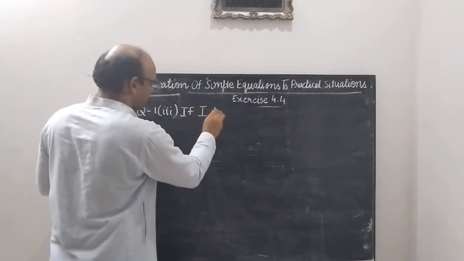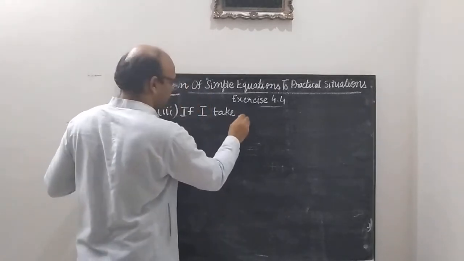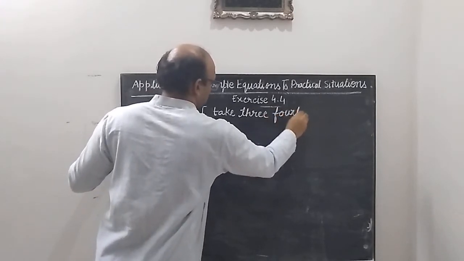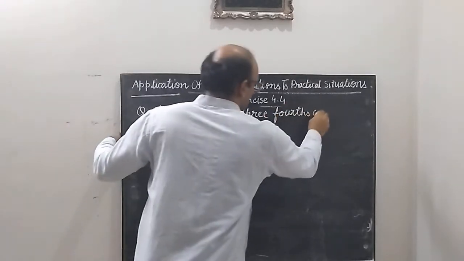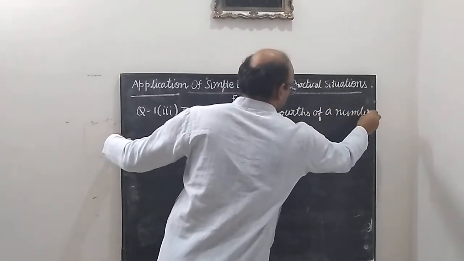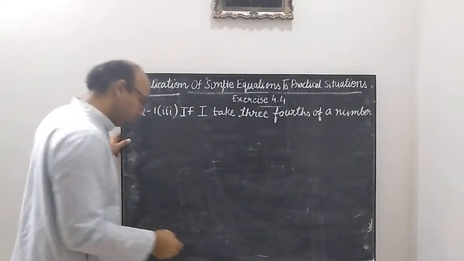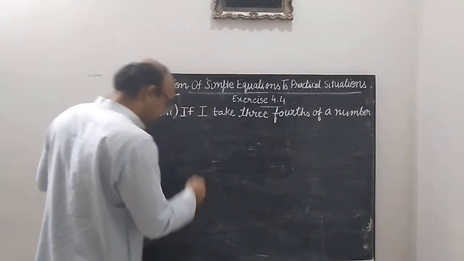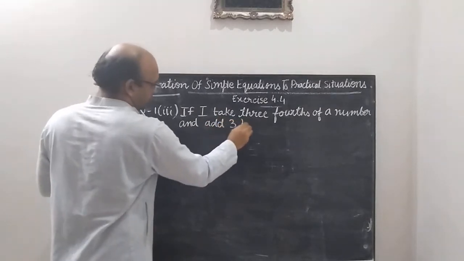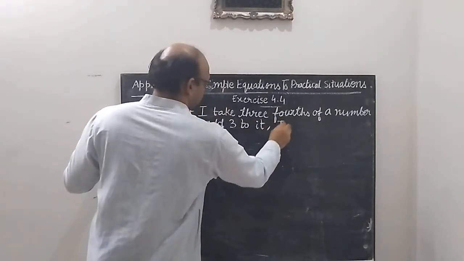If I take 3/4 of a number and add 3 to it, I get 21.